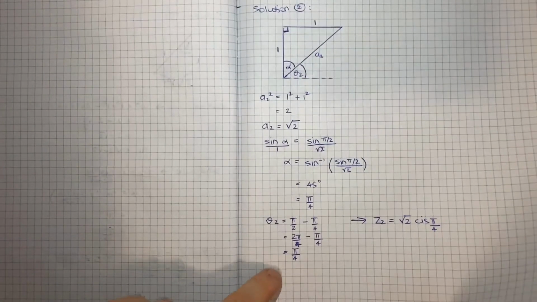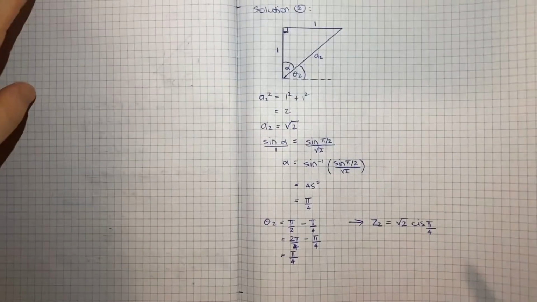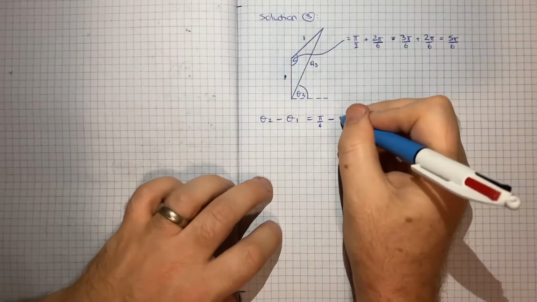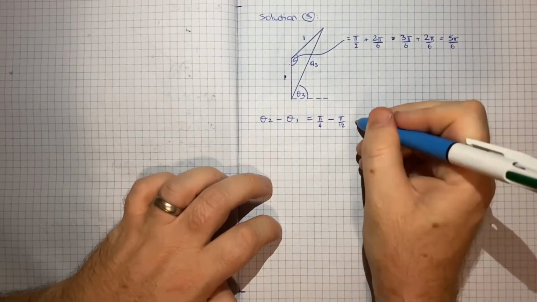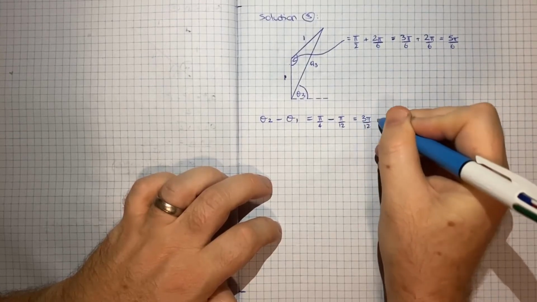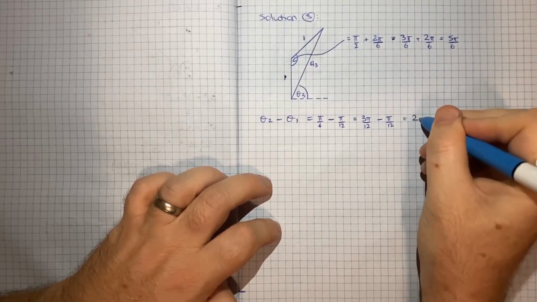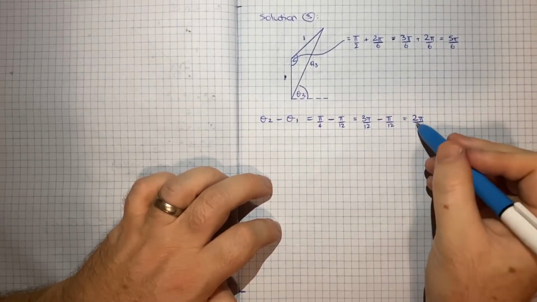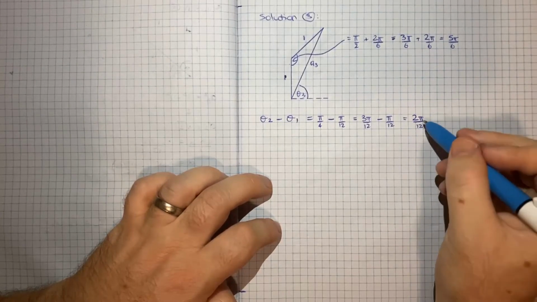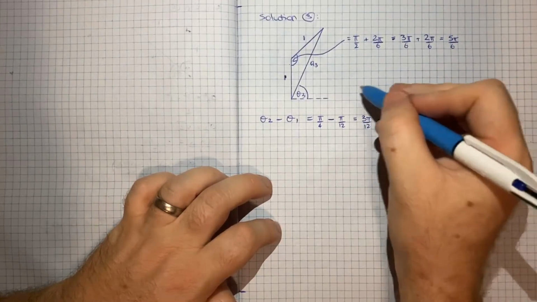So theta 2 was pi on 4, and theta 1 was pi on 12. So that's going to give us 3 pi on 12 minus pi on 12. So that's 2 pi on 12. And I'm just going to leave it like that instead of simplifying it to pi on 6, because having it on 12 is just going to come in handy as we constantly add that.